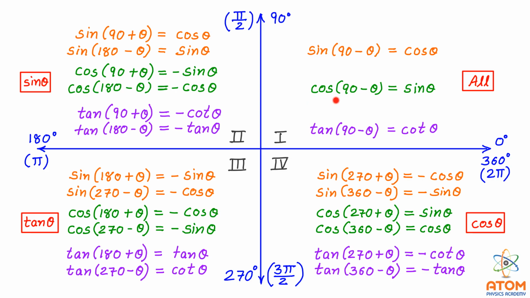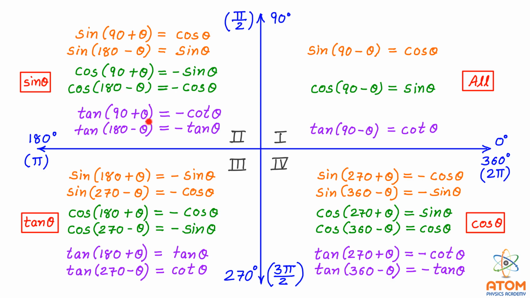Now using both of this information you can check any of the equations. Let us see this. Here this is cos(90 minus theta). When it is 90 minus theta, obviously it is the first quadrant and it is a cos function. So the answer of the cos function will be positive and it will be converted to sin theta. So here it is sin theta. Let us check this.